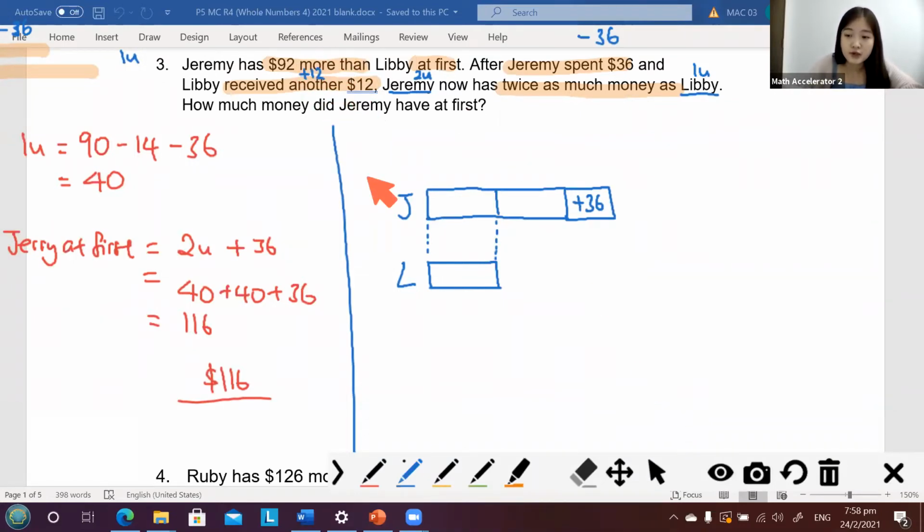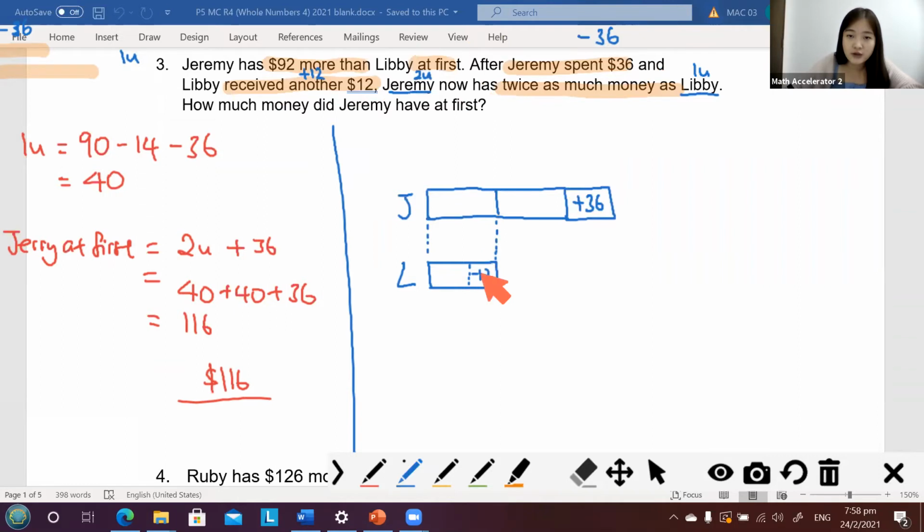If you plus 12, when you work backwards, you minus 12. Opposite. If it helps, do annotate your question, so it's easier for you to check. Opposite, opposite. Now Jeremy has 92 more than Libby at first.